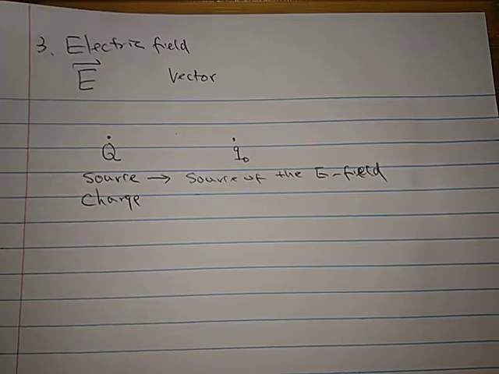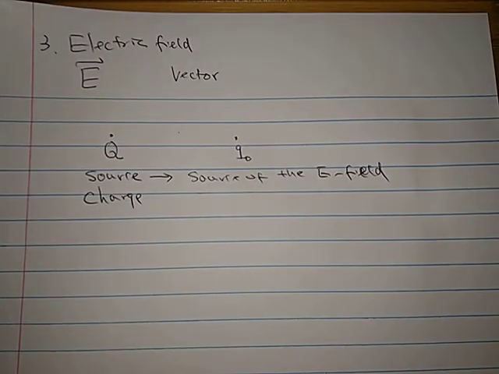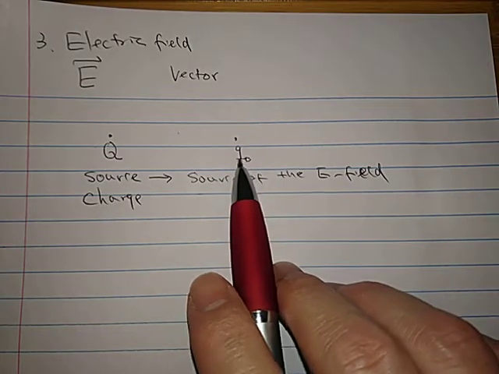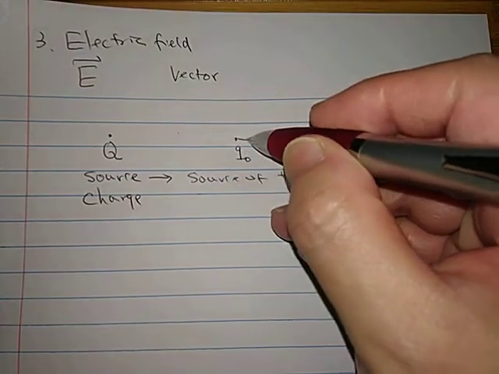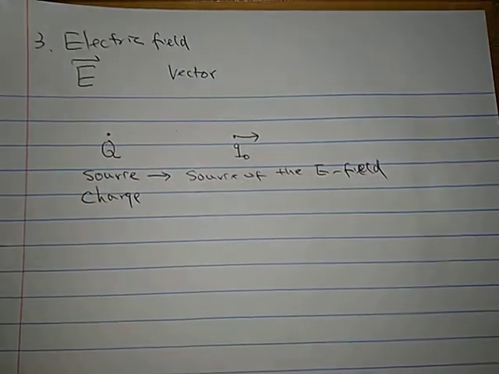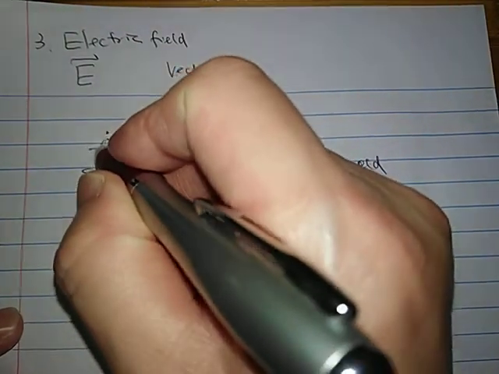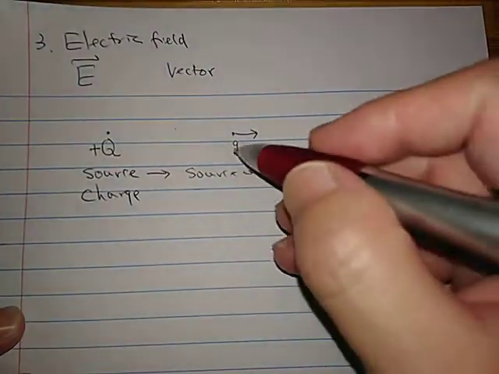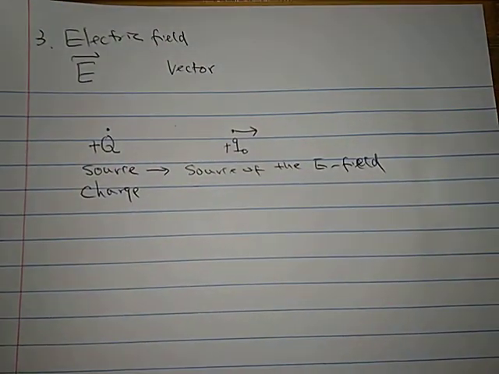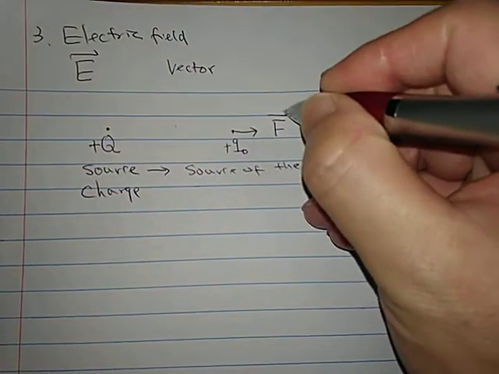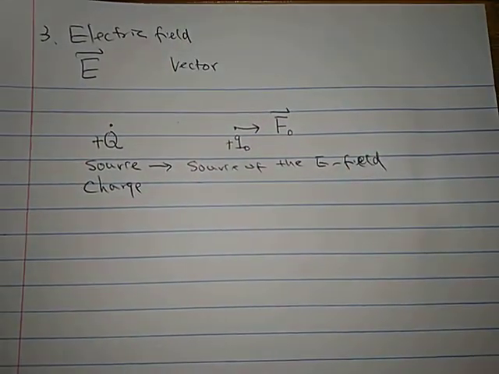Now, to define the electric field from this charge, we use the test charge over here, and then we measure the force on this charge. Suppose this is a positive charge, of course, let's just put a positive sign there, and suppose this is also a positive charge. So the force on the Q0, let's use the symbol F0 to represent that.